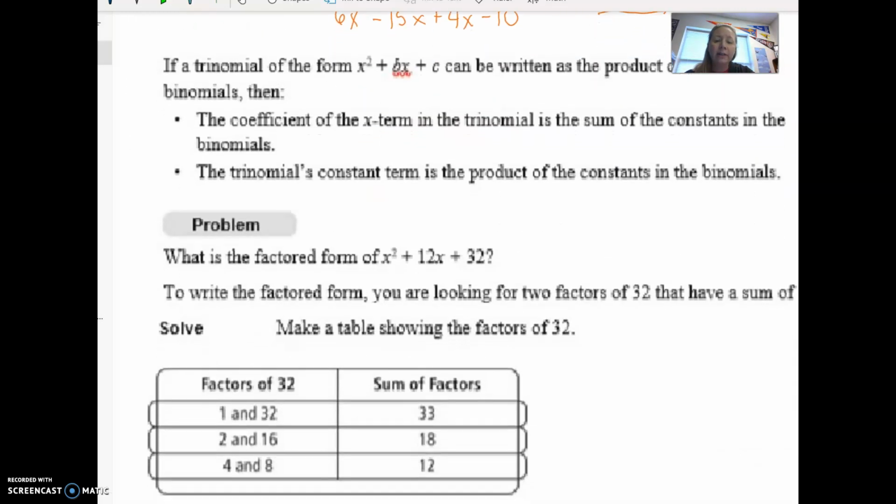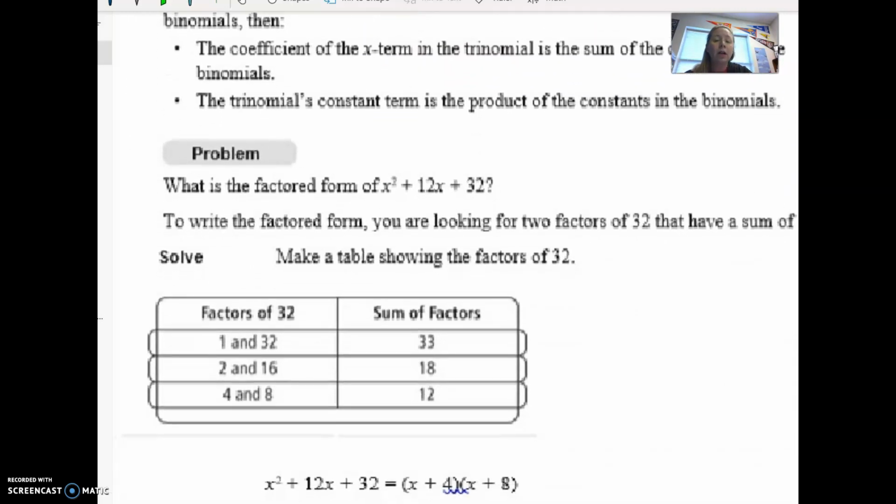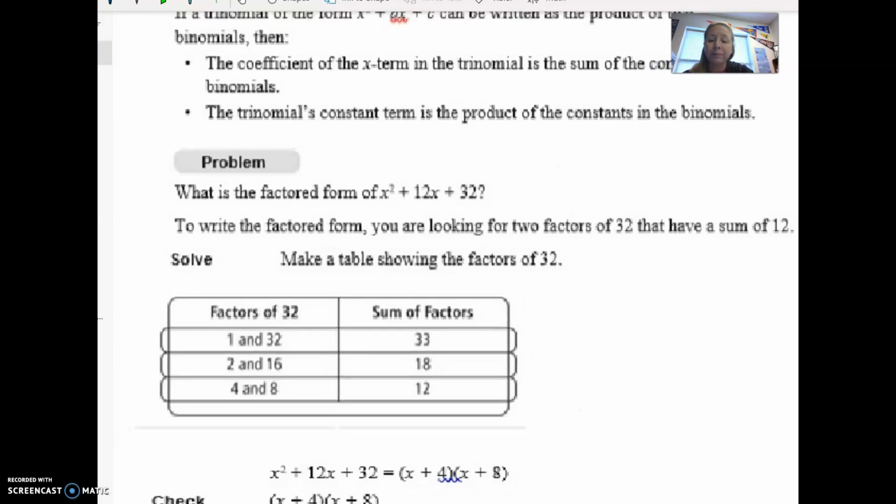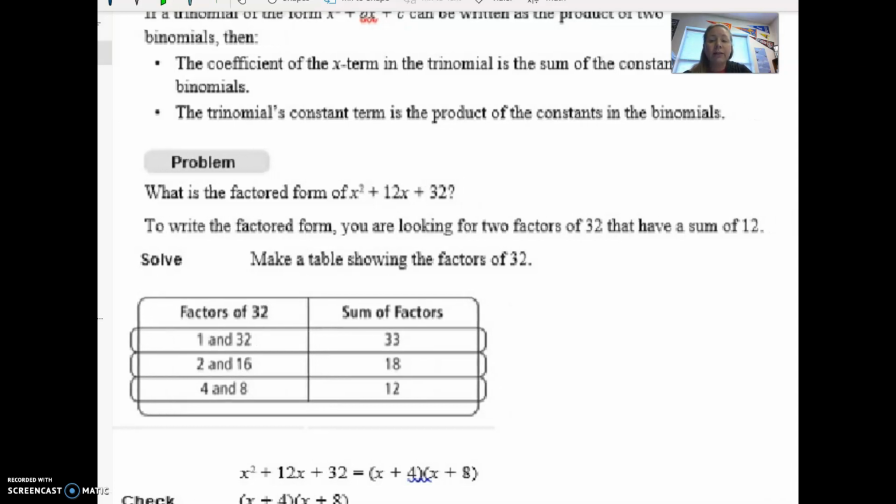Now let's look at the factored form of x squared plus 12x plus 32 in this example. To write the factored form of this problem, we're going to be looking for two factors that multiply to get 32, and we're going to be looking for those same two factors that have a sum of 12.